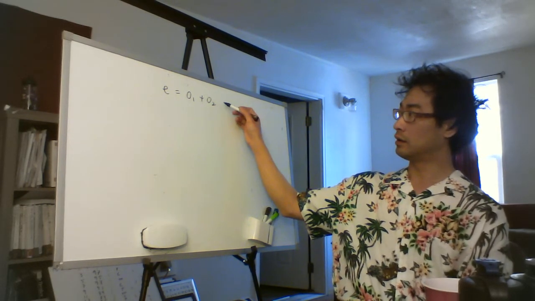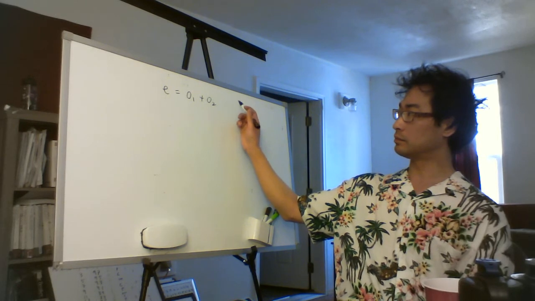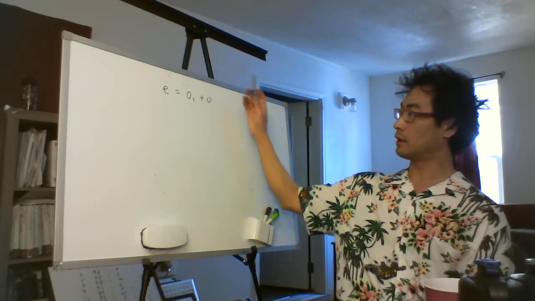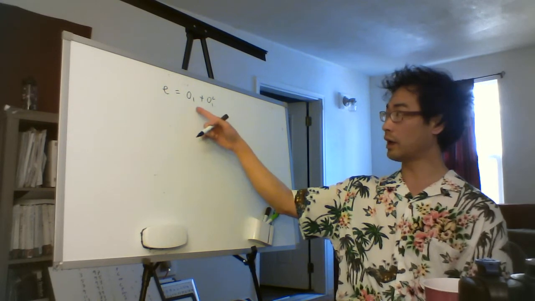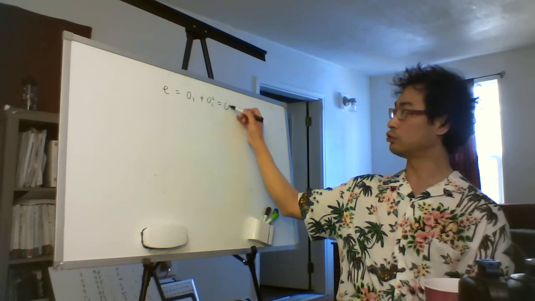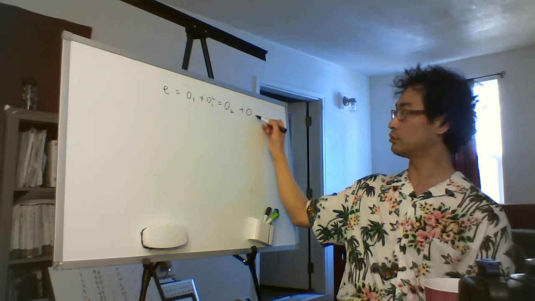Okay, O1 and O1 complement is equal to odd number two plus odd number two complement.